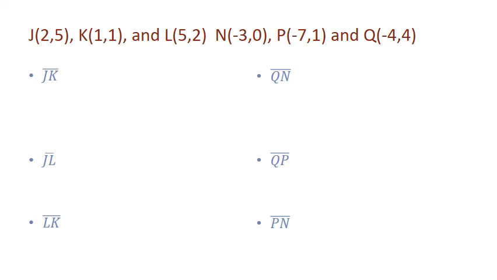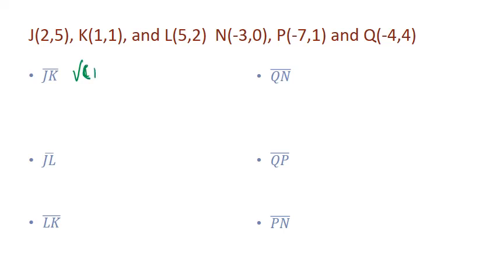All right, well, first let's go about this and find the distances of our various line segments. And we're going to first take up JK. So remember, our distance formula is the square root of, and we got JK, so I would have x2, I'd be using the K coordinates as my x2s.